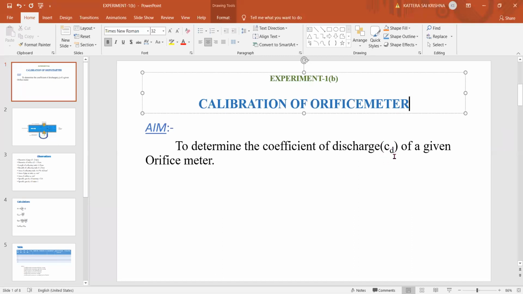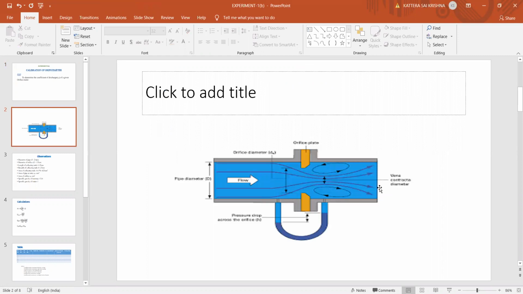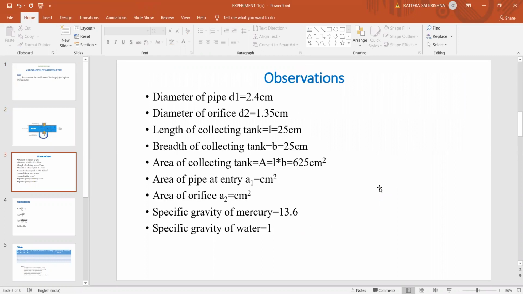This is the symbol for coefficient of discharge, C suffix D, of a given orifice meter. Note down the observations.